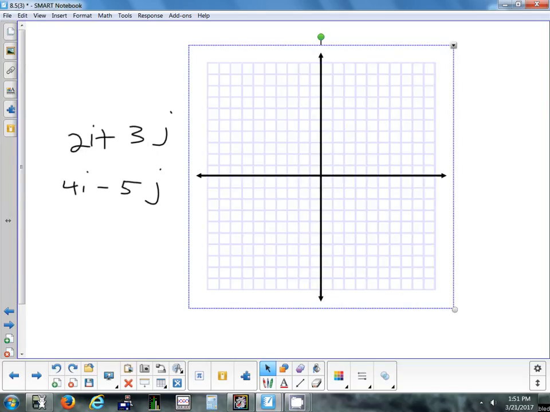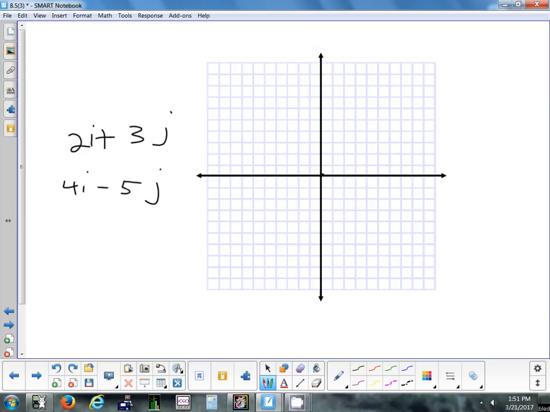Okay. And what quadrant would 2i plus 3j be in? First quadrant. And if I start from the origin, what's the name of the vector called? Position vector. So I'm going to go right 2, and then up 3. There's that one. And what quadrant would 4i minus 5j be in?